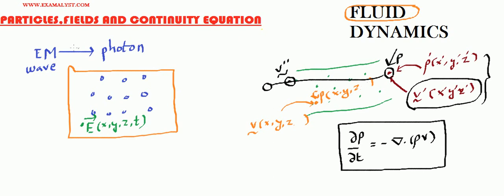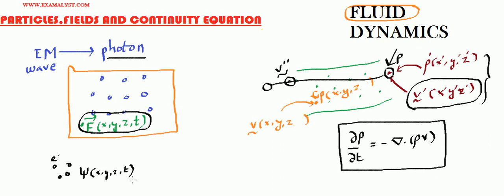This is also a part of quantum field theory, where a collection of photons is studied in terms of field variable E. Similarly, if you have a collection of many electrons, then these electrons are represented by a field variable psi, which is a function of x, y, z and t.